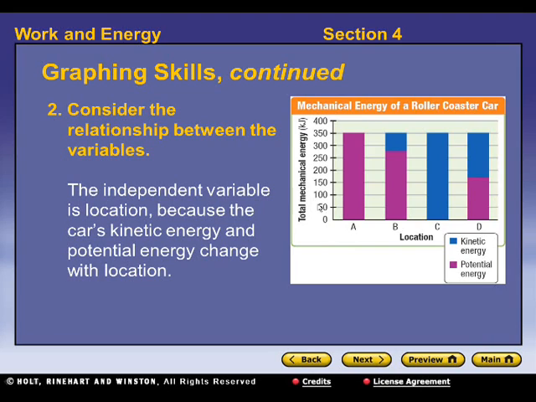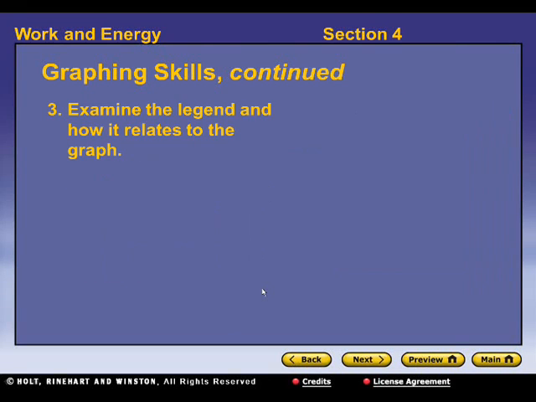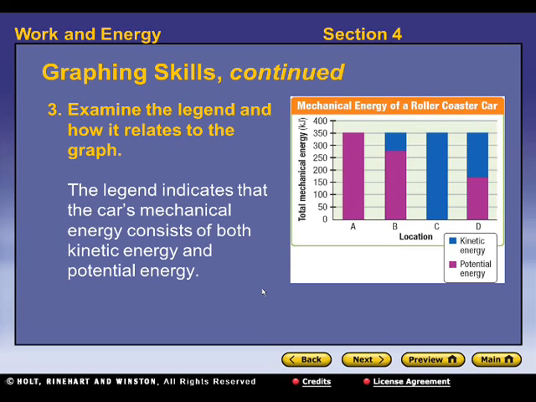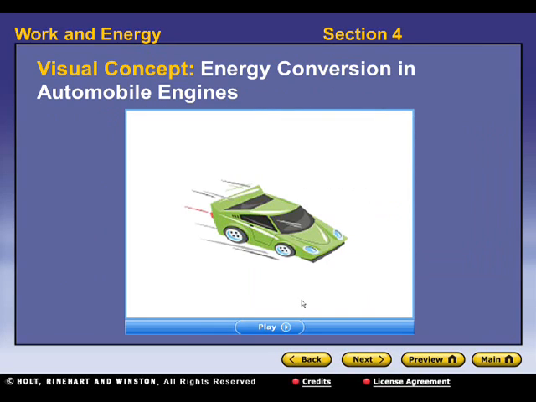We figured that out, and the total mechanical energy is the dependent variable, because the car's kinetic energy and potential energy change depending on the location. Legends indicate that the car's mechanical energy consists of both kinetic and potential. So, yep, it's got kinetic and potential there.